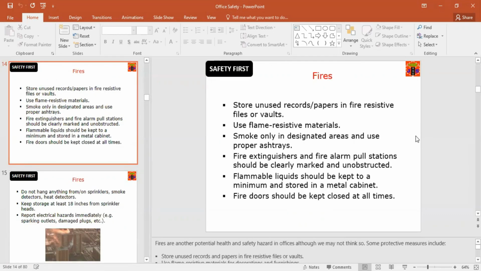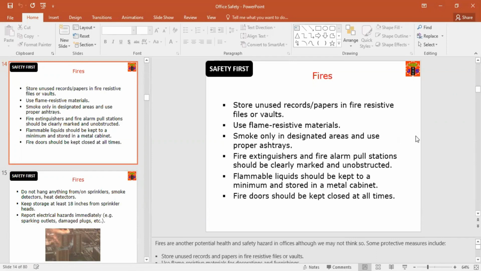In the office, there is one hazard of fire. Store unused records and papers in fire-resistive files or vaults. Use flame-resistive material. Smoke only in designated areas and use proper ashtrays. Fire extinguishers and fire alarm pull stations should be clearly marked and unobstructed. Flammable liquids should be kept to a minimum and stored in a metal cabinet.